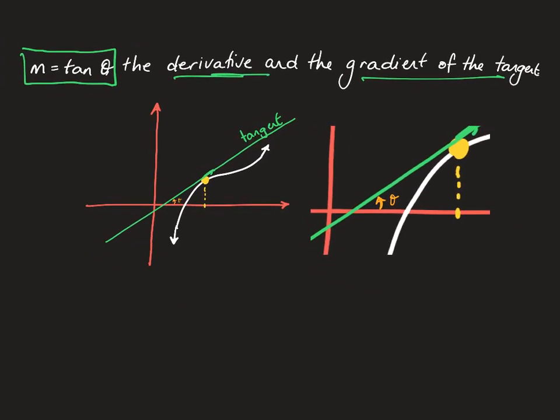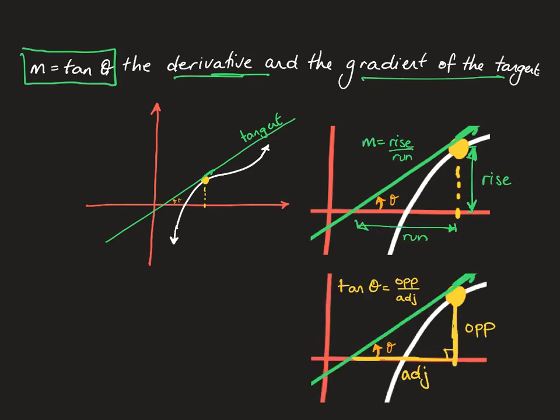And so how is the gradient of the tangent related to that particular angle there? If we look at our right angled triangle that we have there, there's two things that we can use this triangle for. One is to calculate the gradient of the green line, which is using the rise over the run, that distance there.